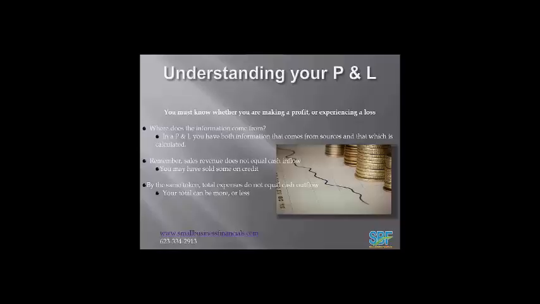Now, depending on how you pay for your expenses, if you run accounts payable, that's where your figure will come from. But if you pay everything from cash, then it'll come from your cash journal. So that's where all of these notations come from that are in the P&L from other journals that you have that reflect the daily activity of your company.